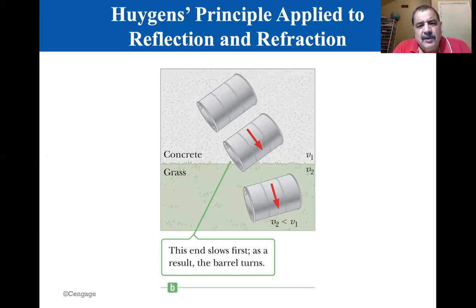image, and they're showing a barrel rolling on concrete, and then how it rolls on grass. They're giving you an image to think about. I like what I learned when I was studying physics of soldiers marching on concrete at an angle.